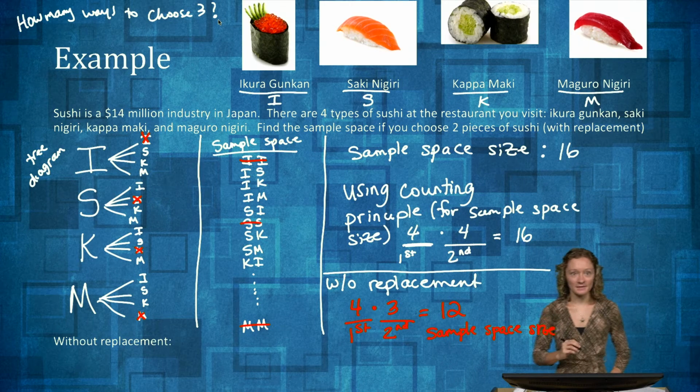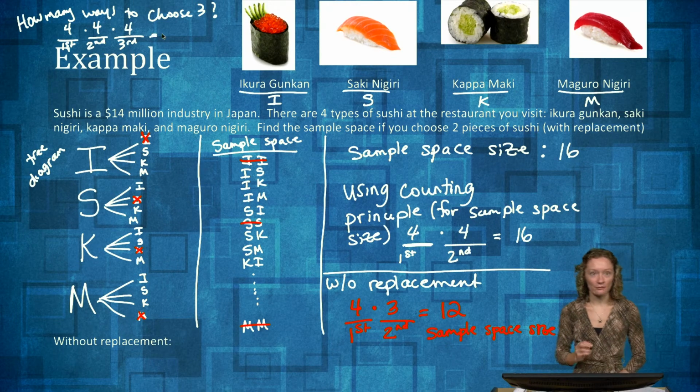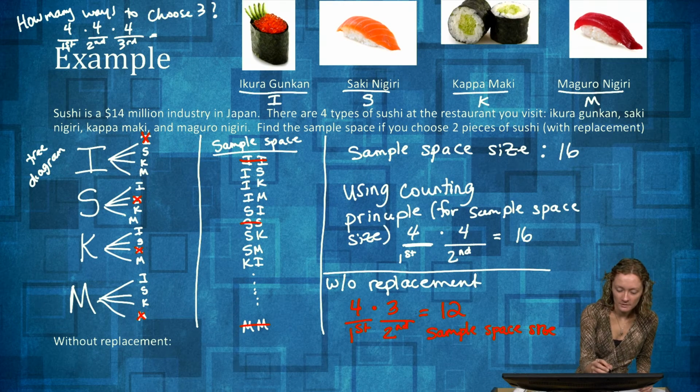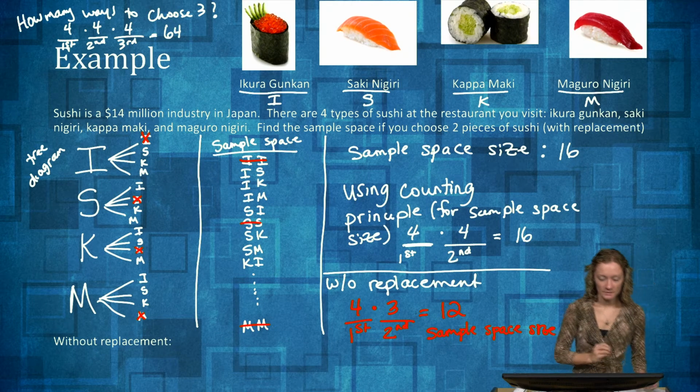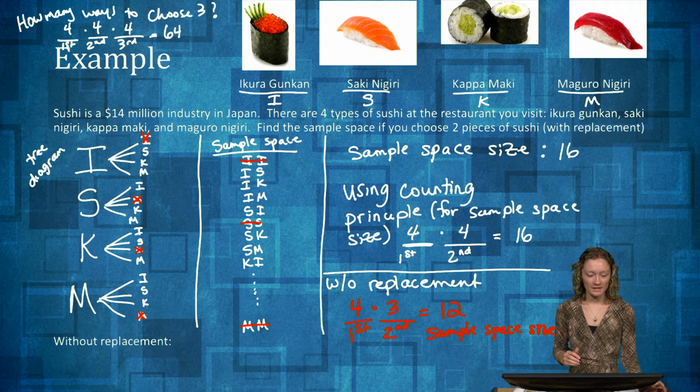The sample space size. Well, the first piece, you have 4 choices. The second piece, it's with replacement, so you again have 4 choices. And the third piece, again, replacement, you have 4 choices. 4 times 4 times 4. 64. Just one more selection causes it to blow up.